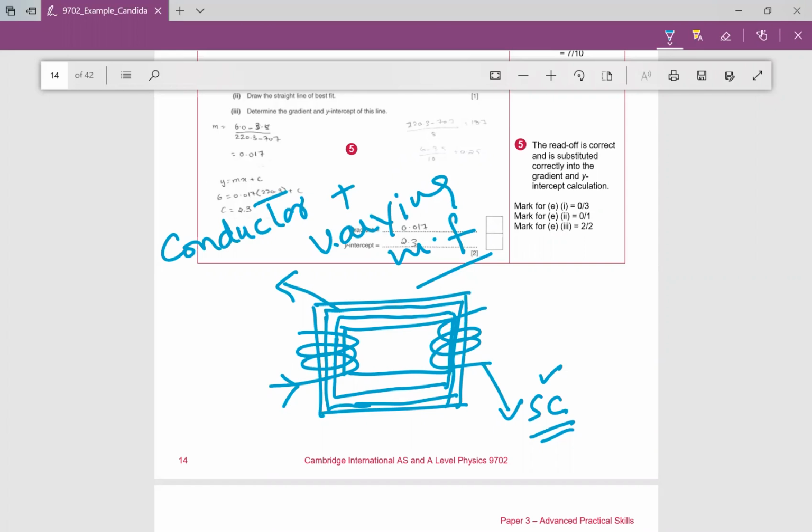Now, how do we overcome them? We overcome them by slicing the iron core. Rather than having one solid piece of iron core, we slice it and place insulators within it, which results in smaller circuits of currents. Like this, number one, you will decrease the amount of current being induced in the iron core.